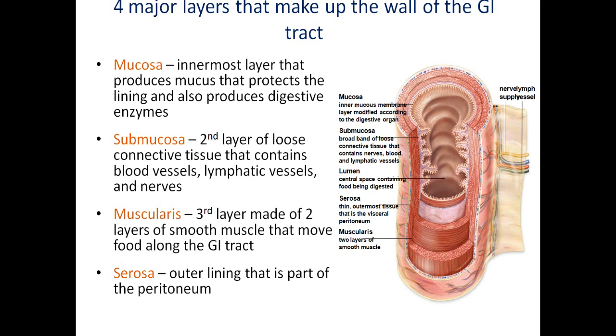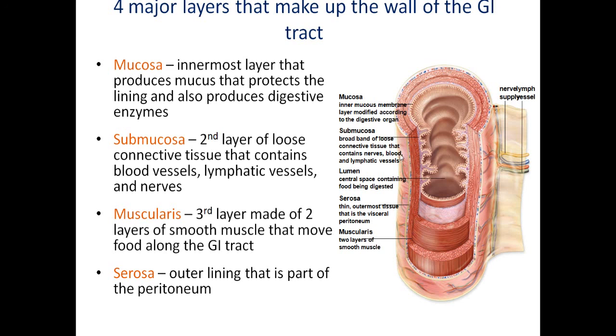The third layer is the muscularis. Okay, so the muscularis is muscle. Okay, so for the most part, our GI tract has two layers of muscle. One is round, okay, and the other is longitudinal. So it's going to allow us to squeeze our food and to push it along.